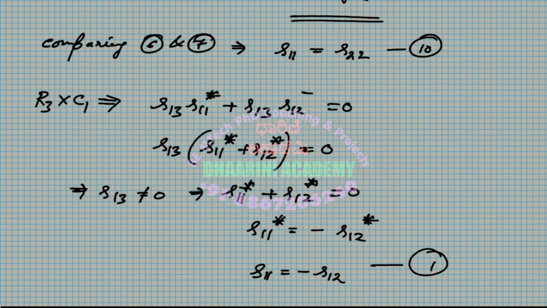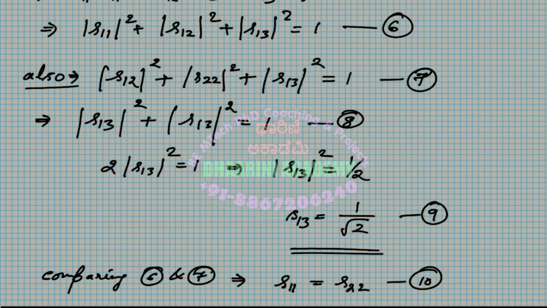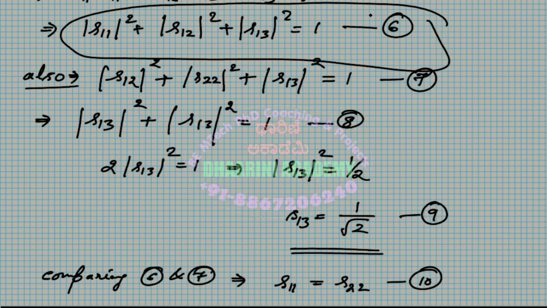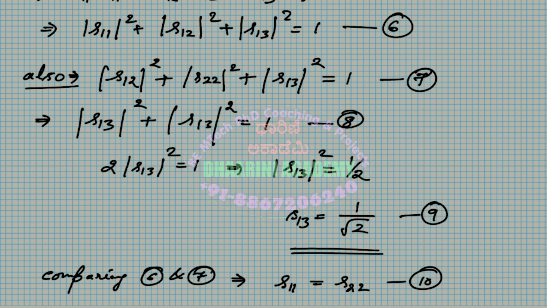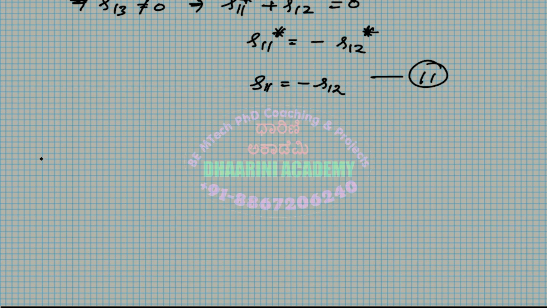Look at an equation where S11 and S12 are present: equation number 6. We have S11, S12, S13, out of which S13 is known to you. So I'm going back to equation number 6 now.